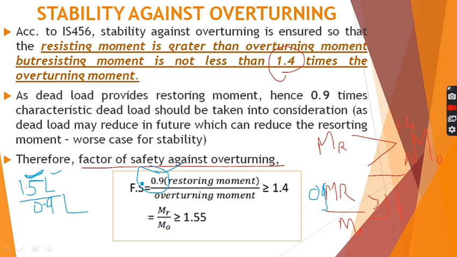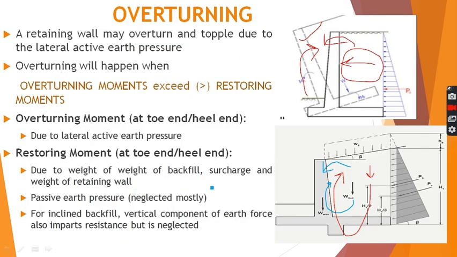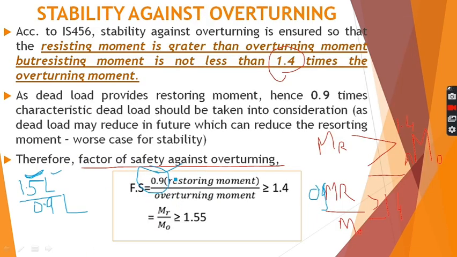If this soil load or any of the restoring force decreases in future, what will happen? If the weight of soil or any restoring force like the weight of wall decreases in future, then the restoring moment will also decrease, and ultimately it will not counteract the overturning moment much.